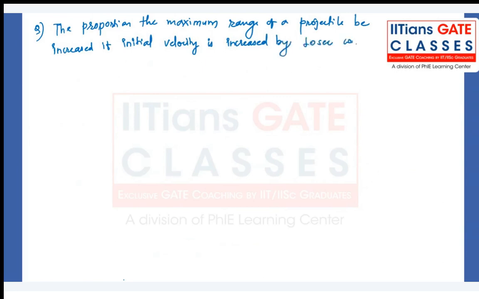The answer is in percentage. I'll repeat: by what percentage will the maximum range of a projectile be increased if the velocity is increased by 10%? Try to solve the question.